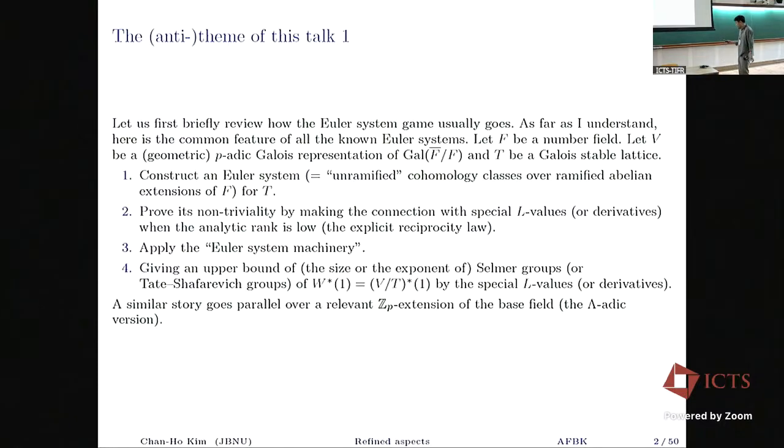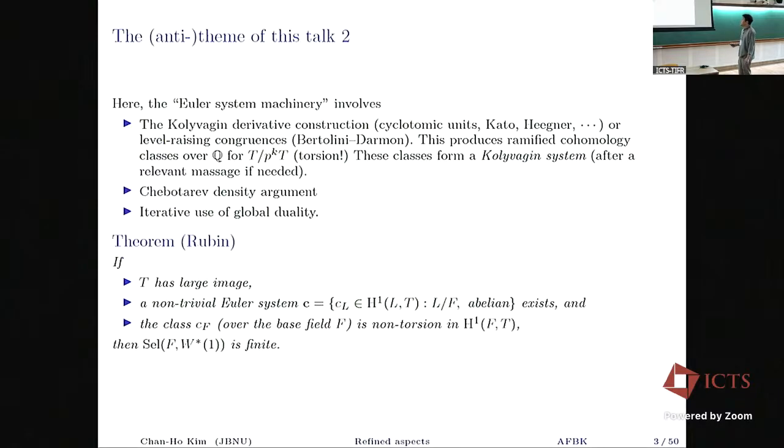This is what people usually do. This Euler system machinery step involves the derivative construction, like cyclotomic units, Kato's Euler system, Heegner points, or level-raising congruences following the Bertolini-Darmon bipartite Euler system argument.